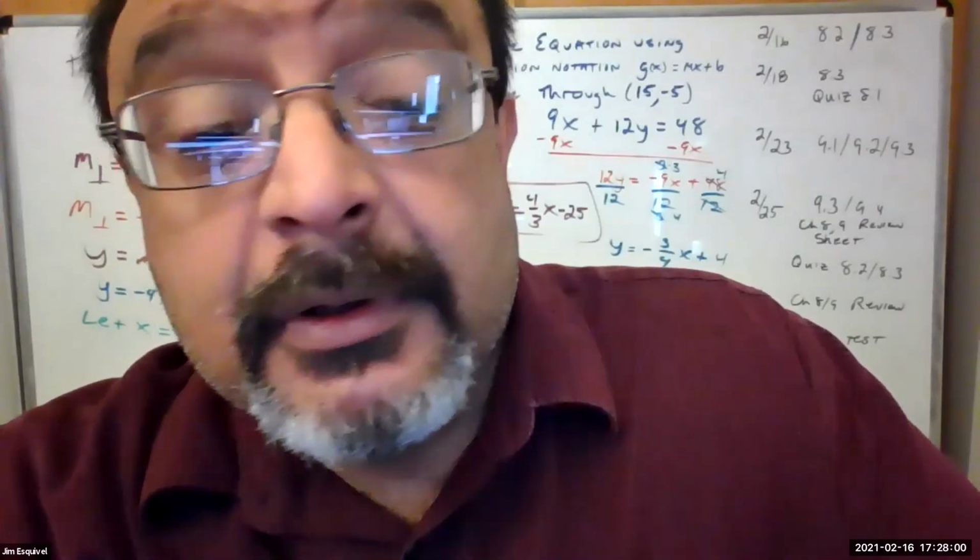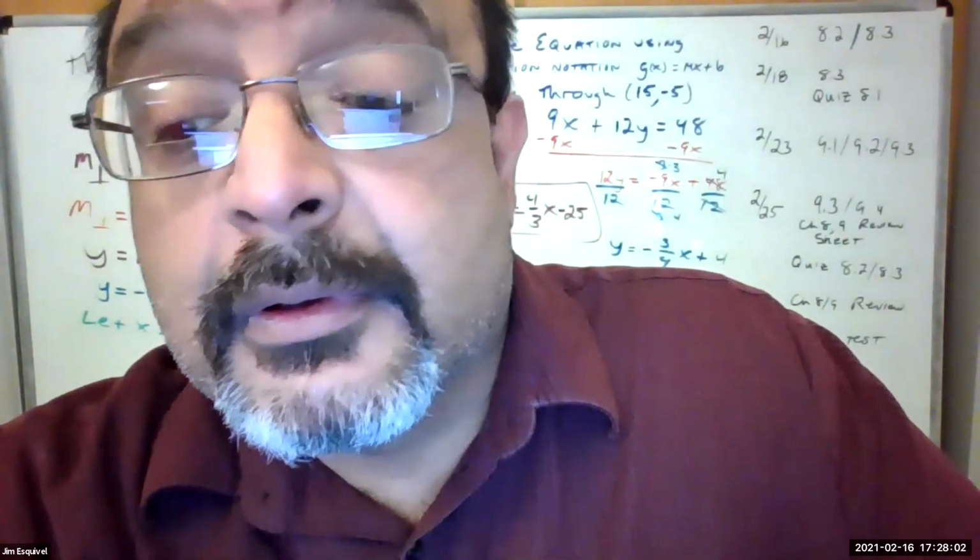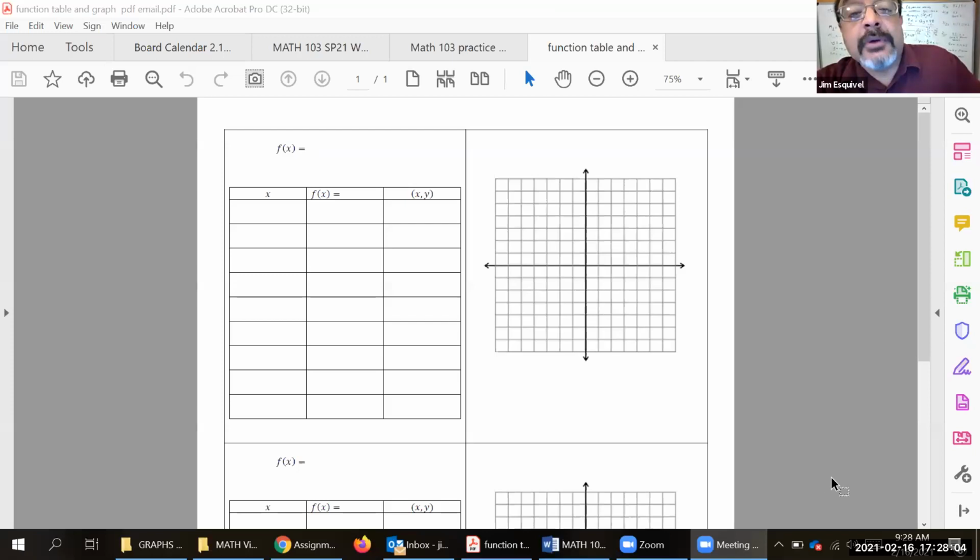This function table graphing paper, like so. That's what we're going to want to have. Hopefully you're able to print that off because it'll help. While you're getting that out, I'm going to put it up here on the board.